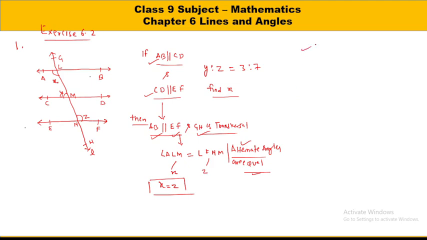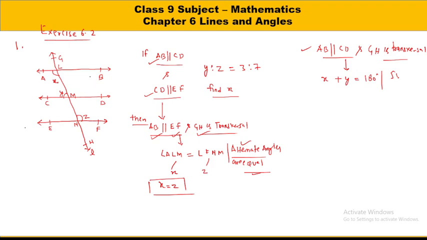Now as for the given condition, AB is parallel to CD and GH is a transversal, then we can say from this condition that angle X plus angle Y will be equal to 180 degrees.